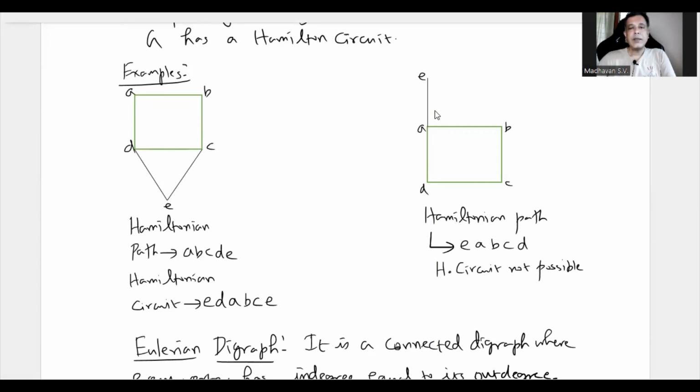Whereas this one is only a Hamiltonian path, but you can't make a circuit out of it. So let us start from E to A to B, B to C, C to D. So here a circuit is not possible.